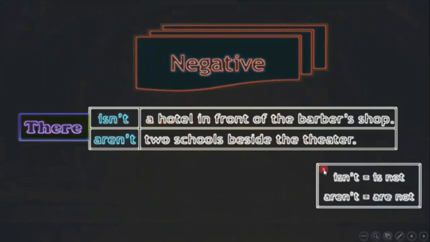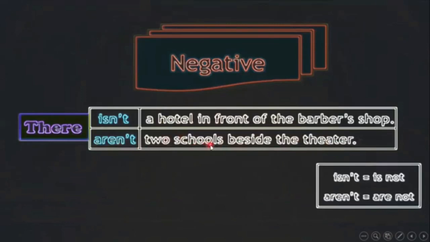Take care here, my students. Isn't equals is not, and aren't equals are not. There aren't 2 schools beside the theater, okay? Here also after aren't we use schools.